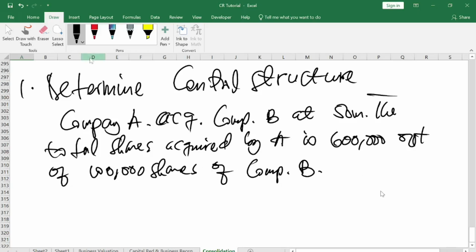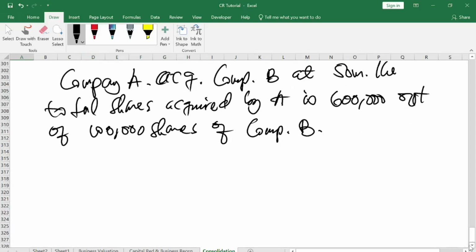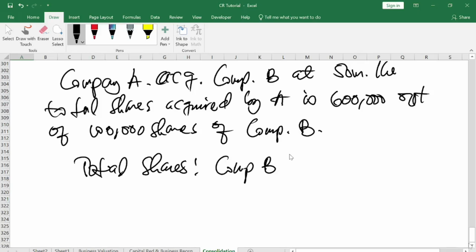So all you have to do is, here you have the acquiree, the one being acquired, company B, with total shares of 100,000.